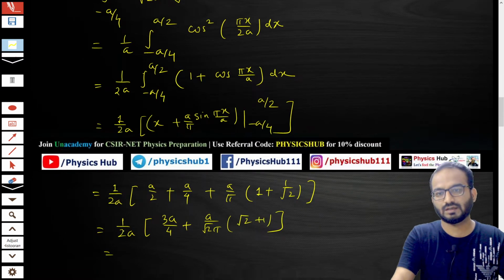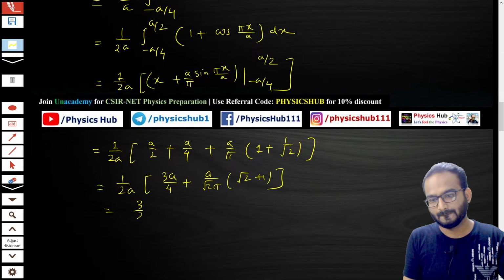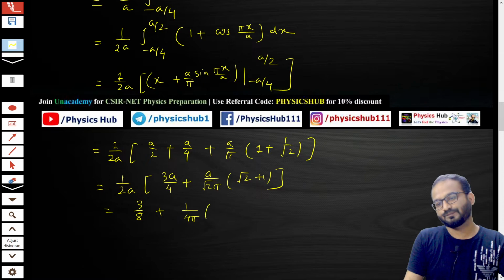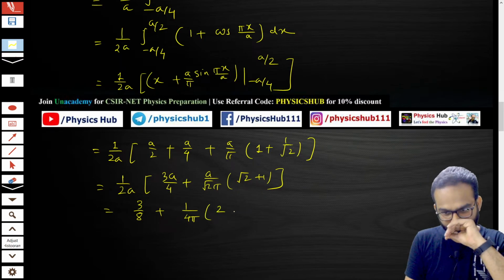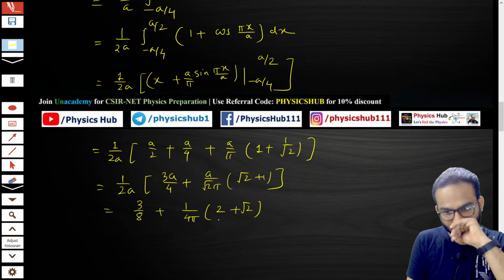So ultimately what are you getting? Ultimately, 3 by 8, a gets cancelled and another here also a gets cancelled. 1 upon 4 pi, 2, if you just multiply root 2, okay? So 2 plus root 2, in this way.